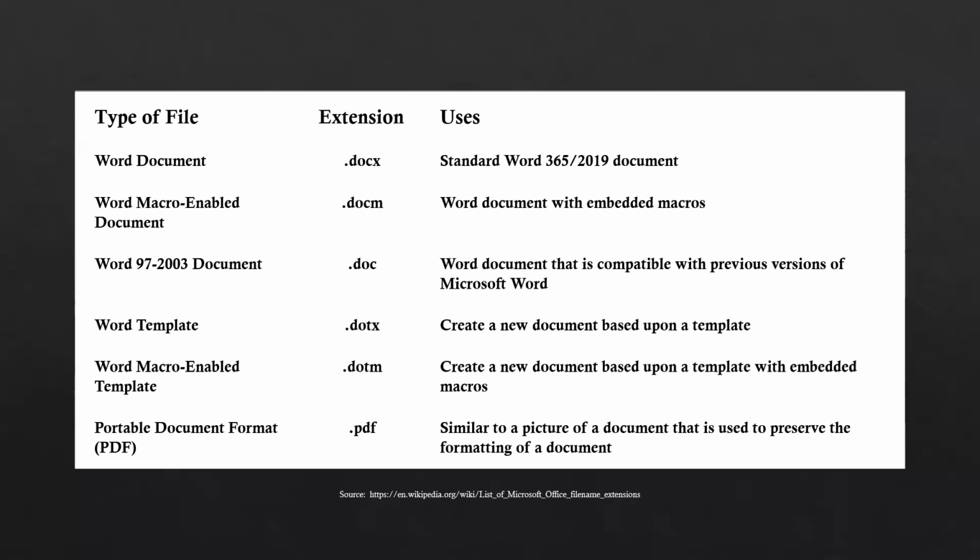Macros. I don't know if you've come across these before, but what a macro is, it's a tiny computer program that will automate things. You can create a macro very easily in Microsoft Word. It also happens a lot in Microsoft Excel. What a macro is, you create a bunch of keystrokes, so it's like a script.